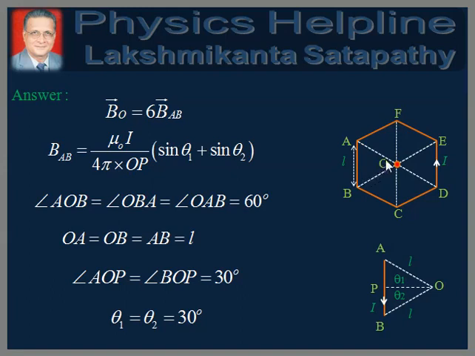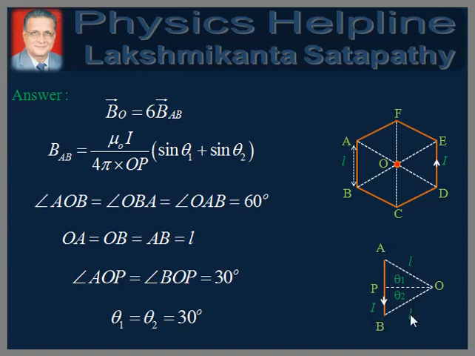Therefore, OAB is an equilateral triangle. That is why we have written angle AOB is equal to angle OBA is equal to angle OAB is equal to 60 degrees. Again, we have just found that AO is equal to OB is equal to BA.